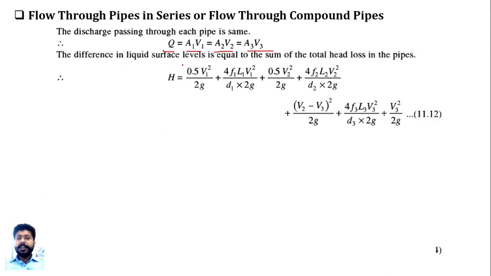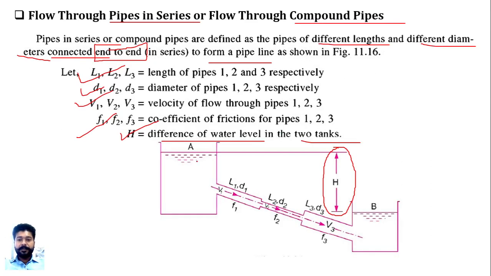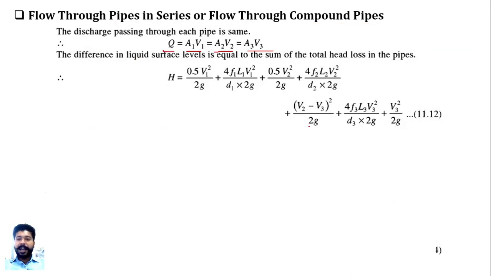The difference in liquid surface level is equal to the sum of the total head loss in the pipes, because as we know there is a difference in water level, a datum head, between these two reservoirs. So there is some head loss due to the difference in surface levels, and also due to enlargement or contraction in the different pipes because of their diameters.